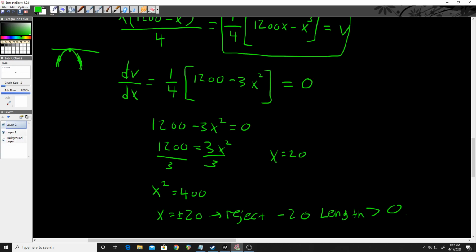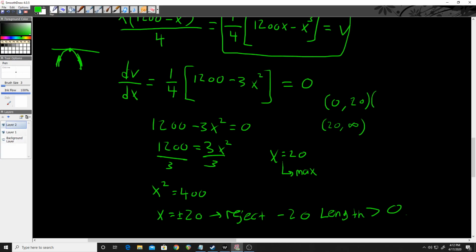We want to show that x equals 20 is a max. We have to show that that's the case. Okay, so the length, width, and height have to be bigger than 0. So the intervals are (0, 20) and then 20 to, I don't know, infinity.